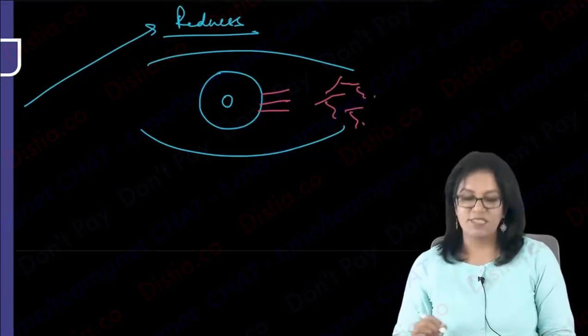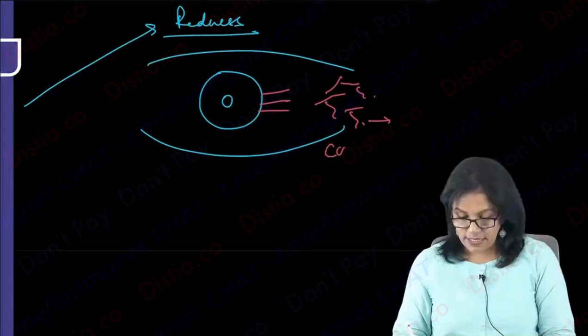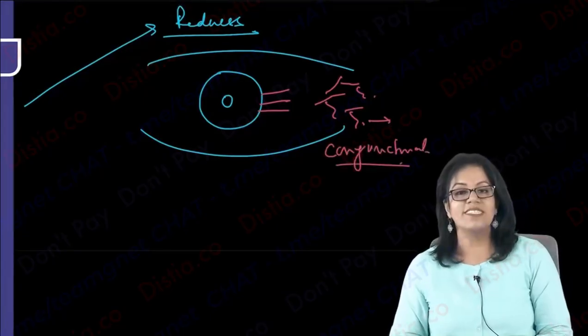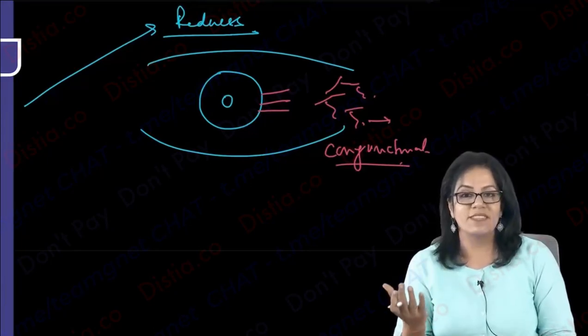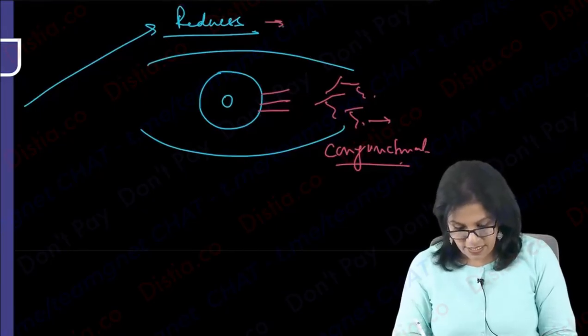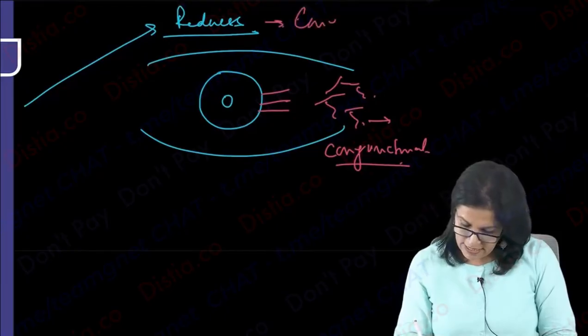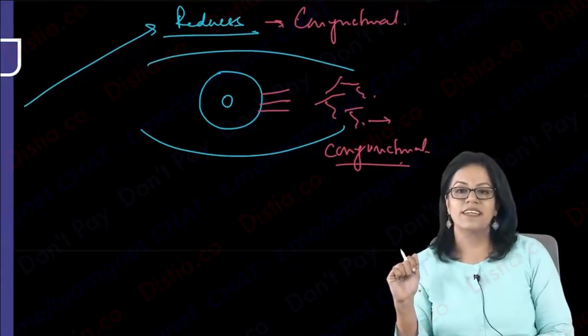The difference is that this is more branched. Conjunctival congestion is present when there is a conjunctival pathology, that means all causes of conjunctivitis. Correct? So here, what type of redness, if I ask you? It is conjunctival congestion.